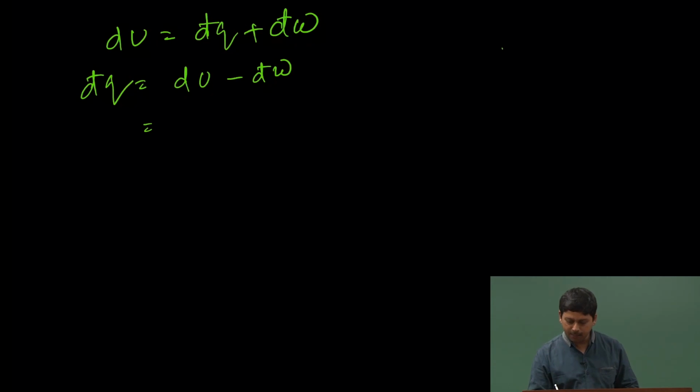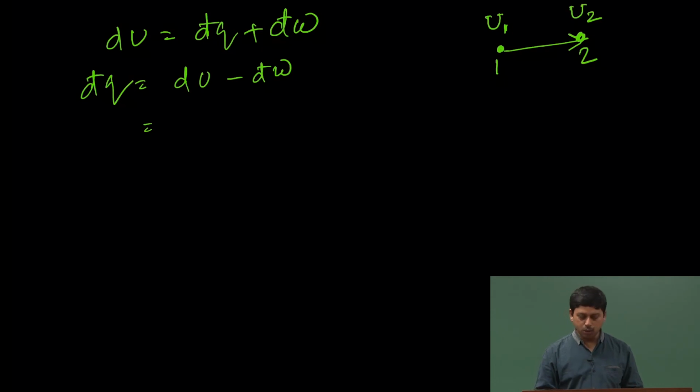So, let us say the change is happening between two states 1 and 2, we are going from 1 to 2, and the internal energy at position 1 is U1, and at position 2 is U2. So, dU is an infinitesimal change, right. Let us say we talk about a definite amount of change.